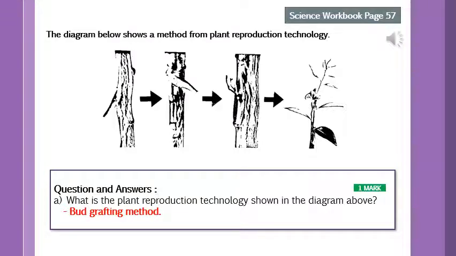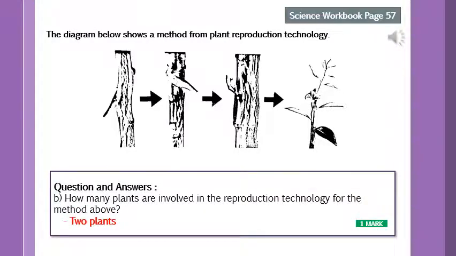Everything is only from the parent plant, and the bud grafting method includes 2 plants because 1 plant is fused to another plant to produce a new plant with good breed. So let's move on to the second question.